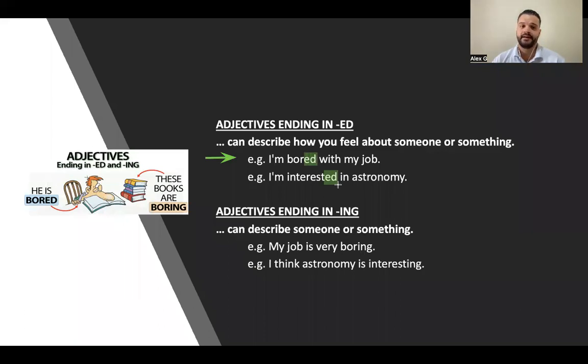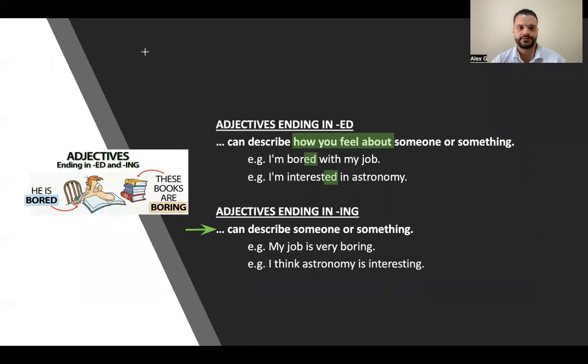this is an adjective describing the feeling of a person, right? So how you feel about someone or something, right? The most important is the feeling that you're expressing about someone or something. The other option is adjectives that end in ing. In this case, adjectives that end in ing are used to describe someone or something.